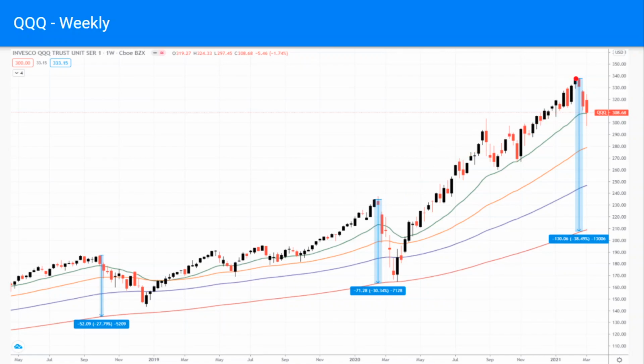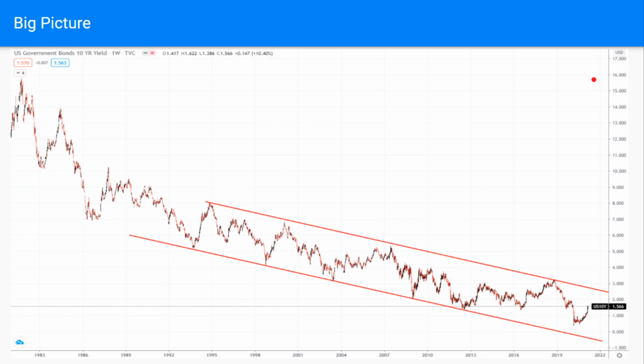And right now, 2 or 3 weeks ago, the market was close to 39% away from its 200-week moving average. So again, a lot of increase in value over here, and let's see how it does in the coming weeks.